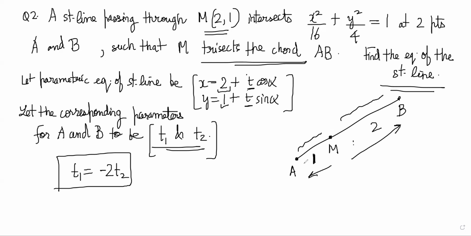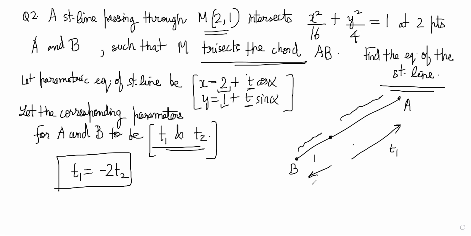And here T1 is equal to minus T2 doesn't work, because T1 is half of T2, right? So my diagram is wrong. I want to keep using T1 and T2 this way, so I should put this as B and A, right?